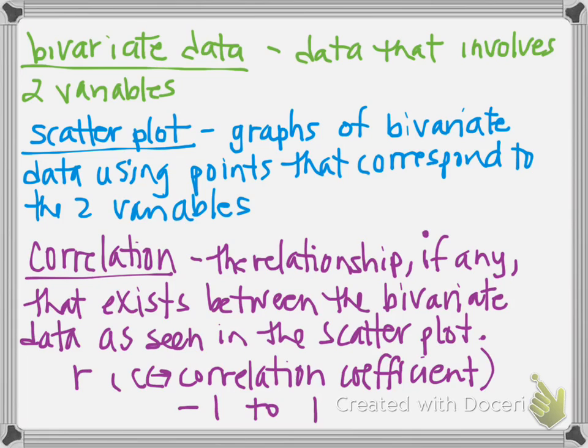So in this formula, your correlation is going to fall someplace between those two values. It can be 1, it can be -1, or it could be anything between those two, okay? So the book uses R, which again, I think it's the Greek letter rho, and so it doesn't actually look like an R, it somewhat resembles it. But we may just call it CC for correlation coefficient. And again, I'm not going to force you how to calculate it. You're just going to do a really basic estimation of it.